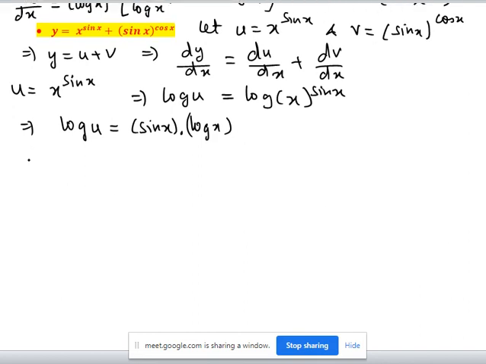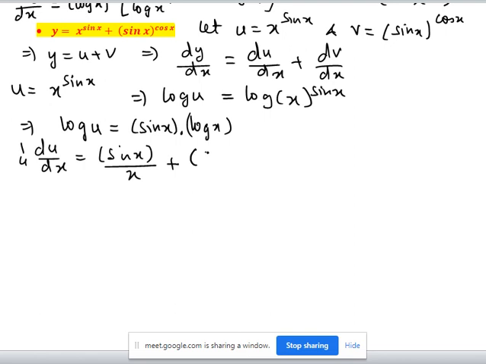Derivative of log u, 1 over u du over dx. On the right side we are using the product rule. So sin x into derivative of log x, which is 1 over x, plus log x into derivative of sin x. Derivative of sin x is cos x, so we'll write cos x here, and log x we will keep as it is.